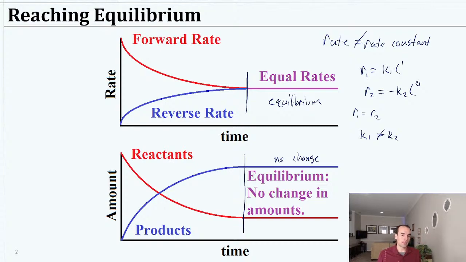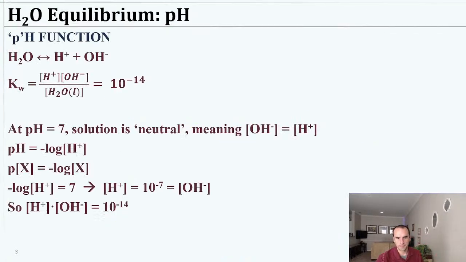But for the most part, it either happens fast enough or it happens so slowly that in natural aqueous systems, aquatic systems, we don't really have to worry about it too much. Or perhaps we're just ever so slightly off equilibrium and it would just take a long time to get there. That it's okay to assume in many cases that we're already there. As you'll see when I do the pH stuff, it happens very quickly.